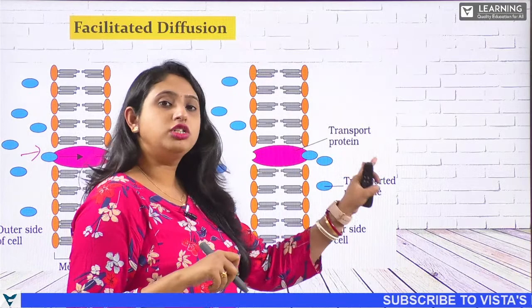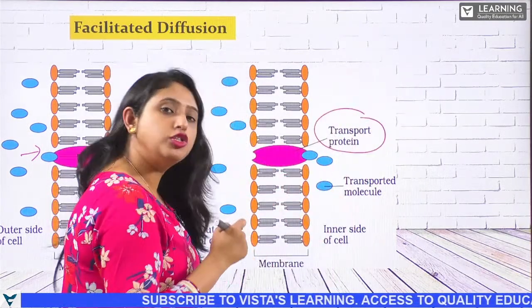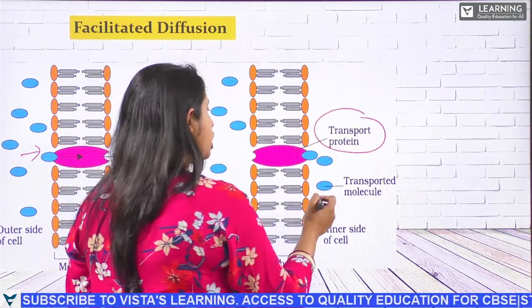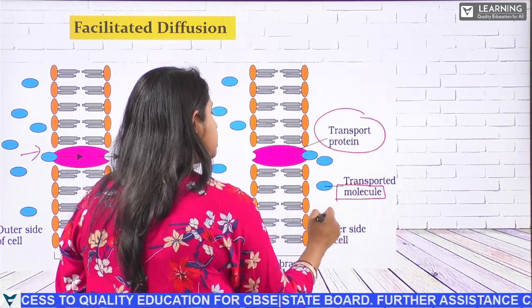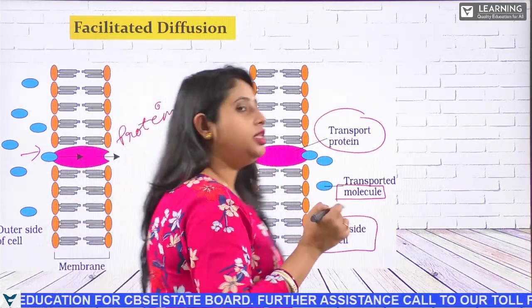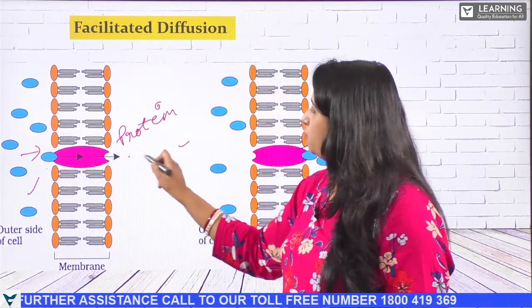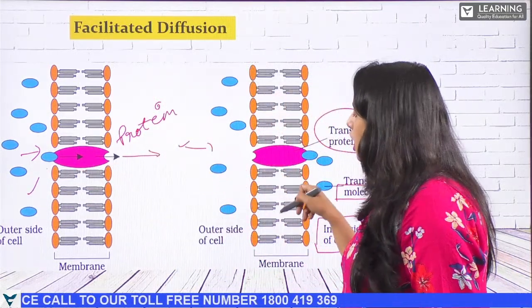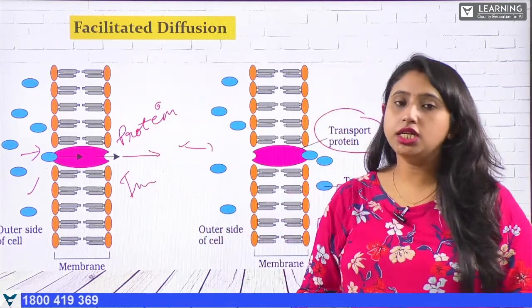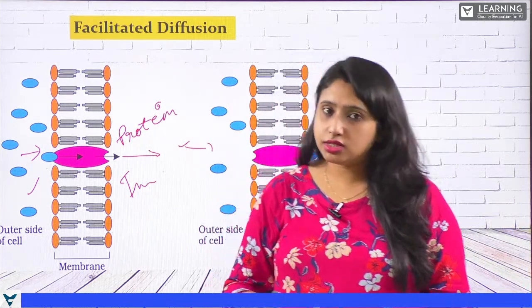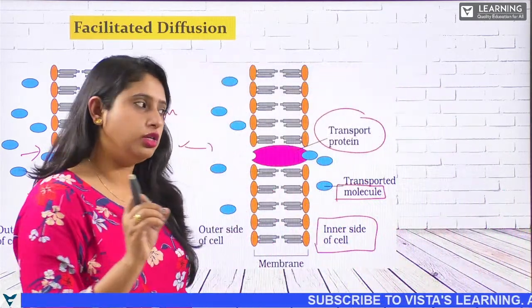These pink ones are the transport proteins, which are transporting the molecules. This is the inner side of the cell, and this is the outer side of the cell. Is that clear? This is facilitated diffusion, where the molecules are transported with the help of transport proteins. All right.